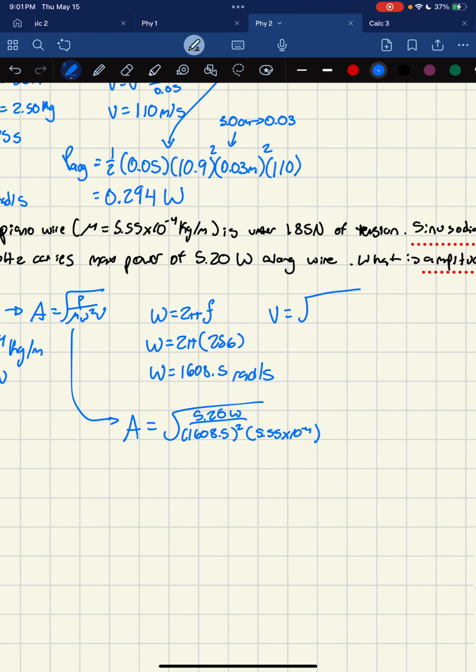So I know to find this, it would be the square root of tension divided by the linear density.